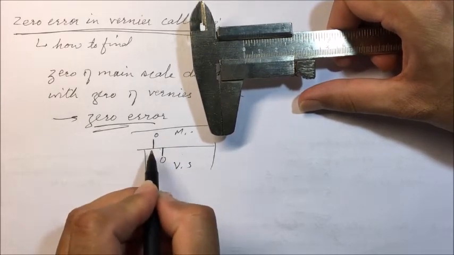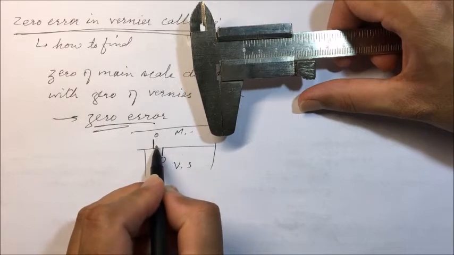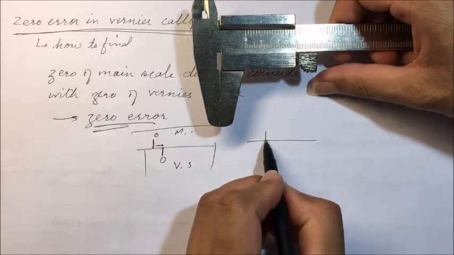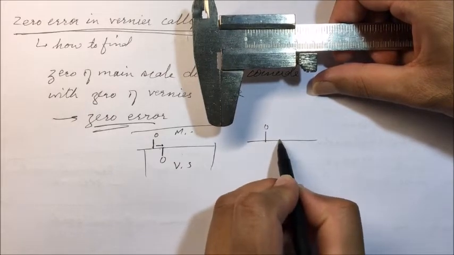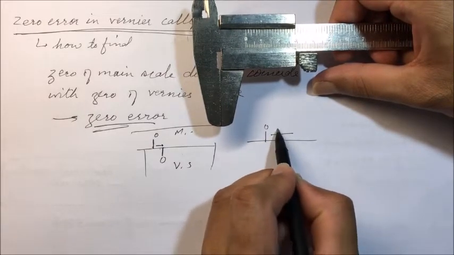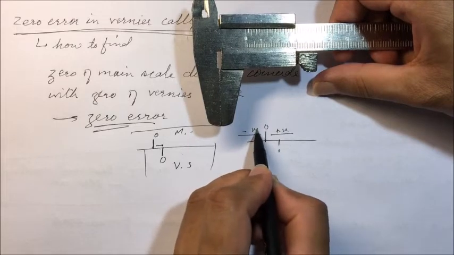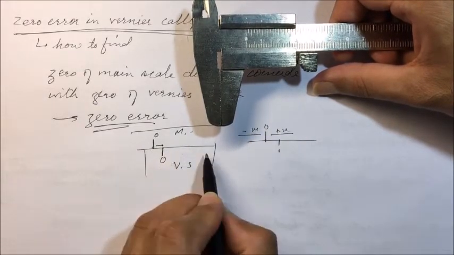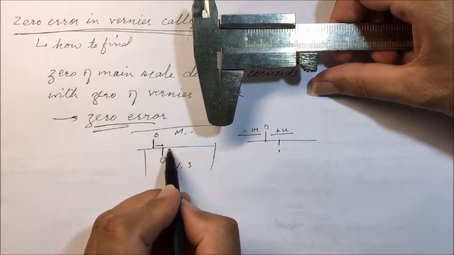So the zero of the vernier scale is lying ahead of the main scale, on the positive side. This is the positive side, this is the negative side. So it is lying on the right side, on the positive side.